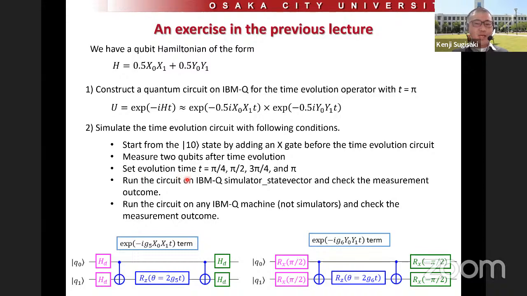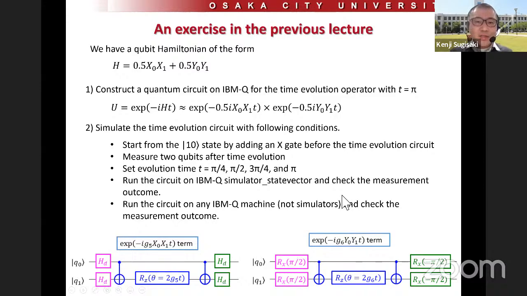Set the evolution time t equal to pi over 4, pi over 2, 3 pi over 4, and pi, run the circuit with these different time evolution lengths, and check the measurement outcome. Then run the quantum circuit using a real IBM quantum machine, not a simulator, and check the measurement outcome.